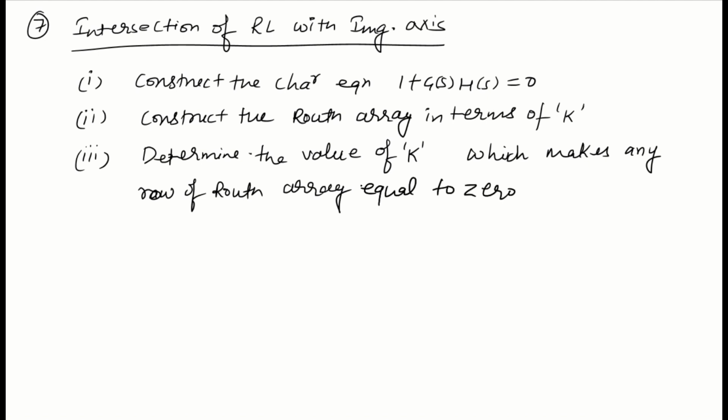These values of k are known as k marginal, which makes any row of the Routh array equal to 0.